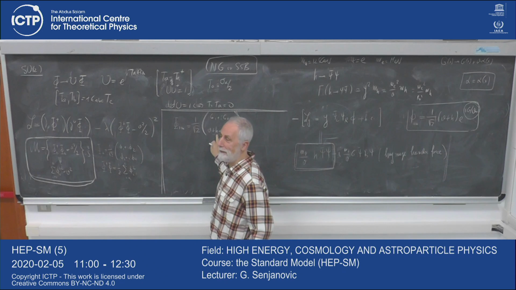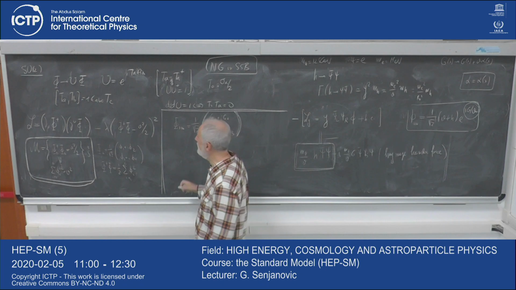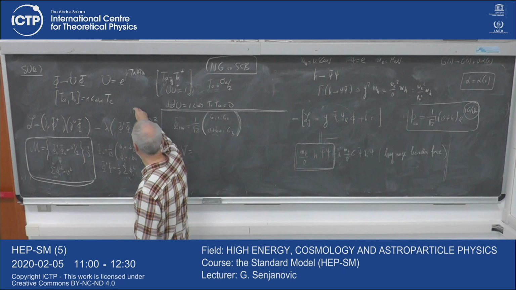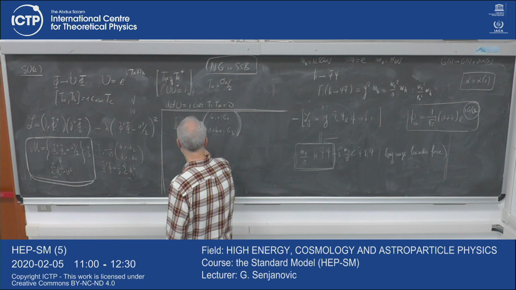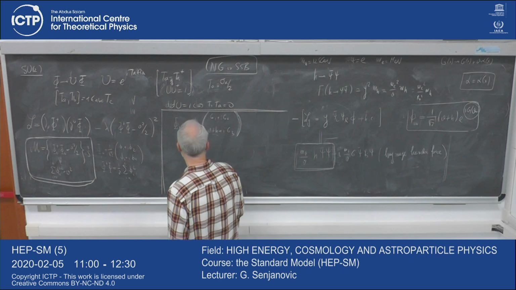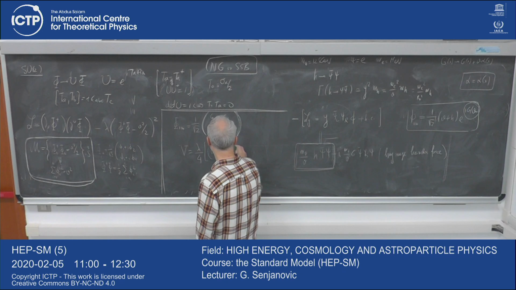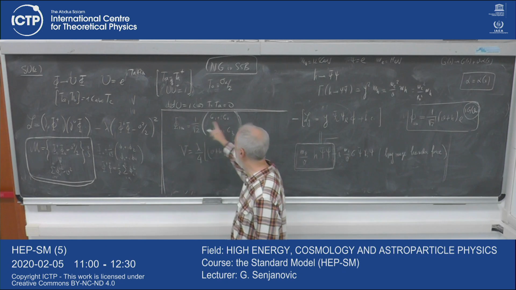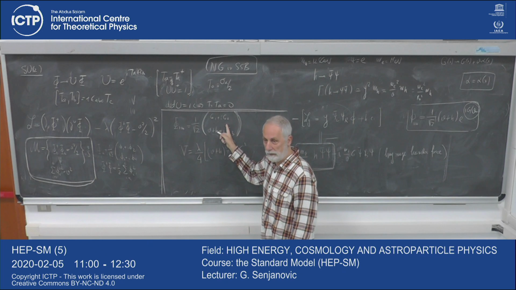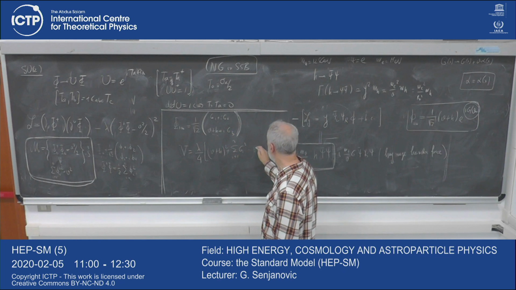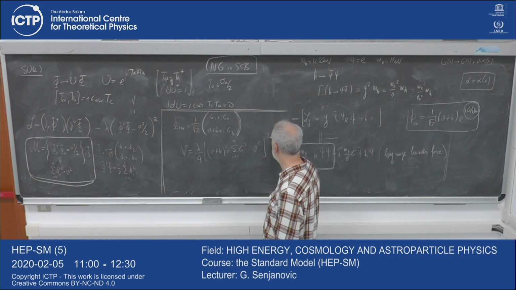So can you guess what the mass of H will be? Well, notice when I substitute that, the potential V will become lambda over 4 times (v plus H) squared plus sum over i from 1 to 3 of G i squared, obviously I'm taking phi dagger phi, minus v squared, everything squared.